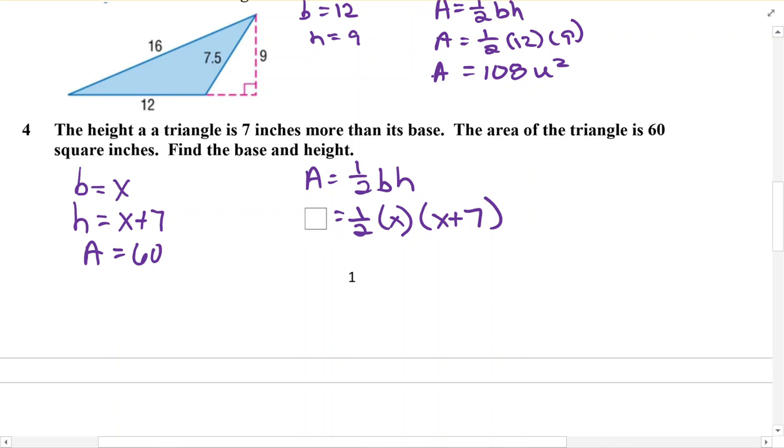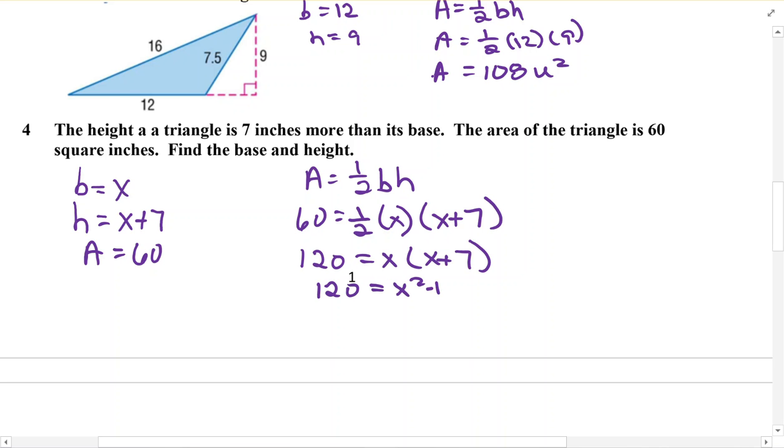And our area here is 60. So looking at this, I'm going to have 120 equals x times x plus 7.